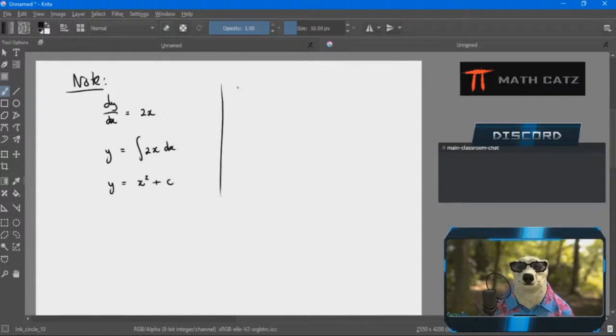Another way we can see this very same simple example is to see the derivative, the little d notation, dy dx, as something that we can separate into pieces. So we are going to separate the variables.